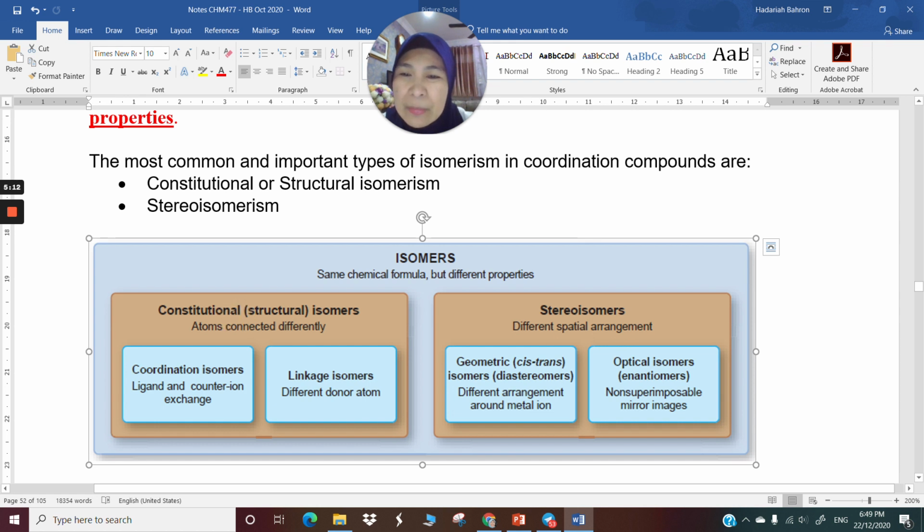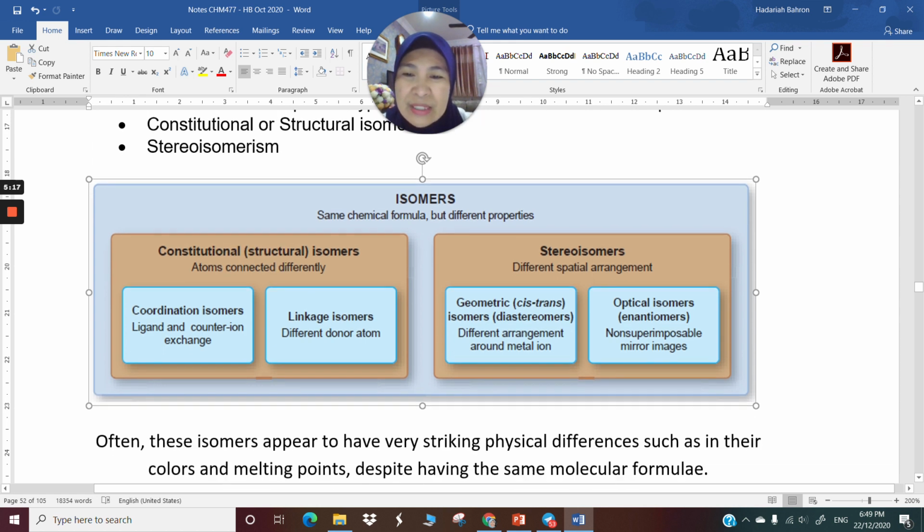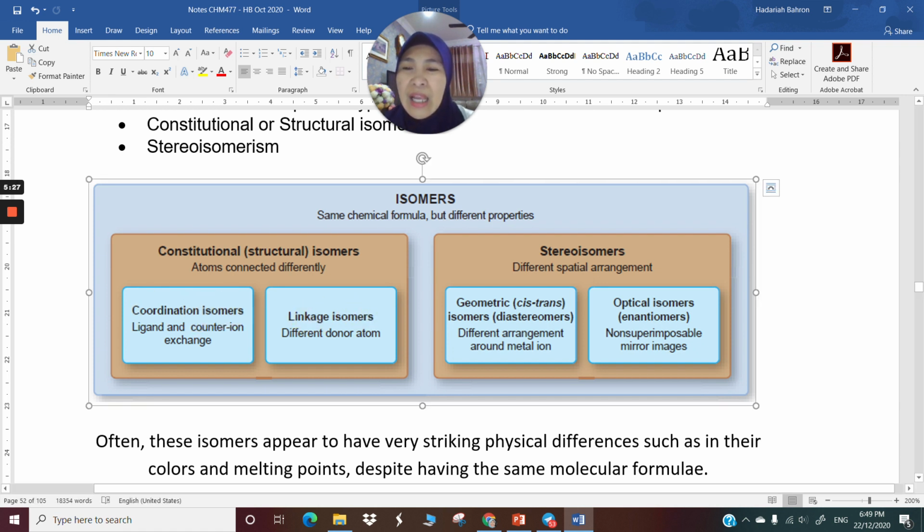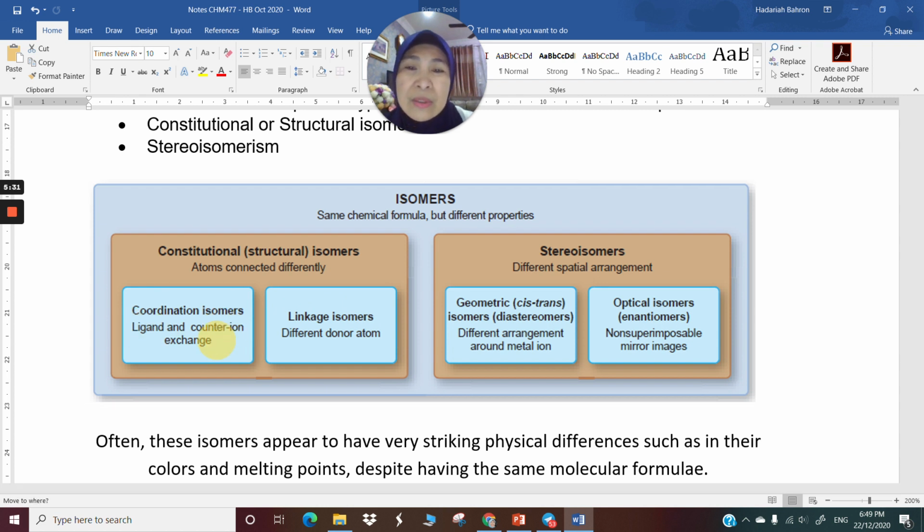Now, constitutional or structural isomers are further broken into two types. The first is called coordination isomers, and the second, linkage isomers. In coordination isomers, the ligand and the counter ion undergo an exchange. I'm going to explain with an example later.